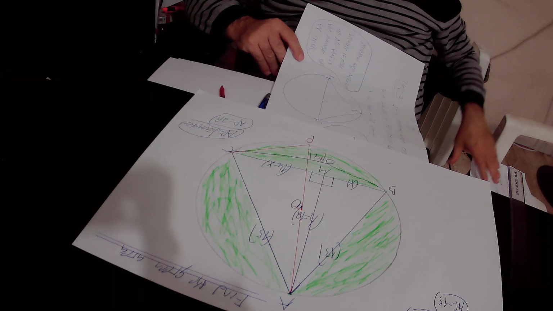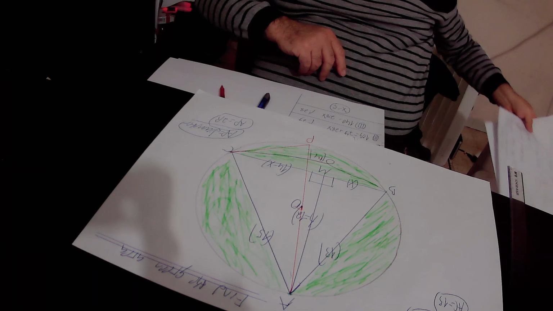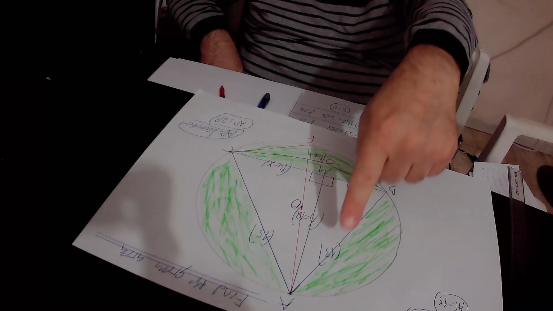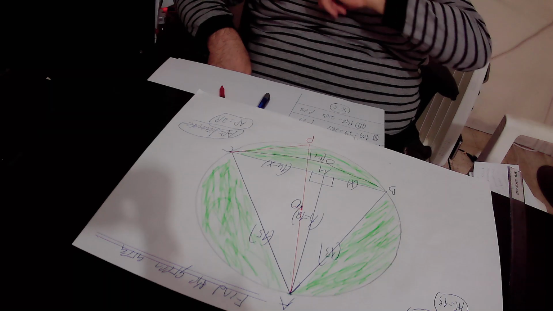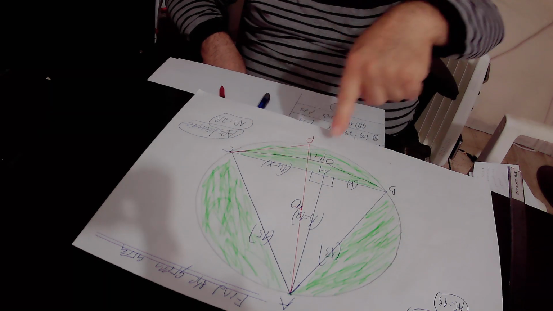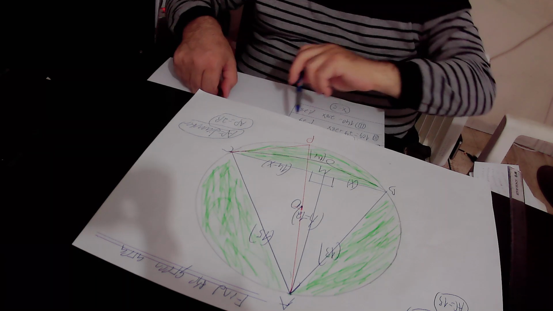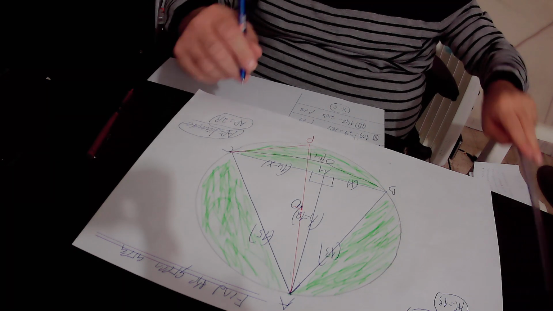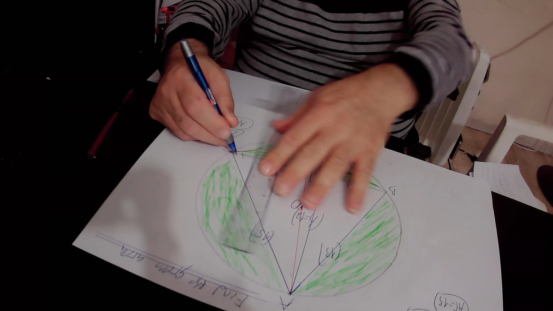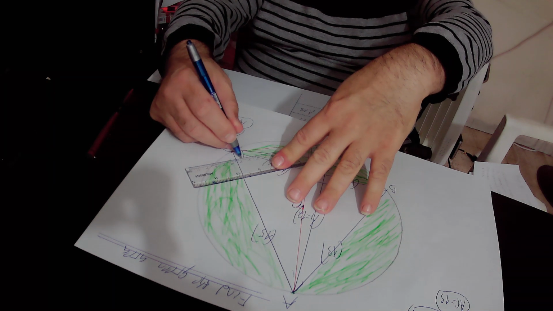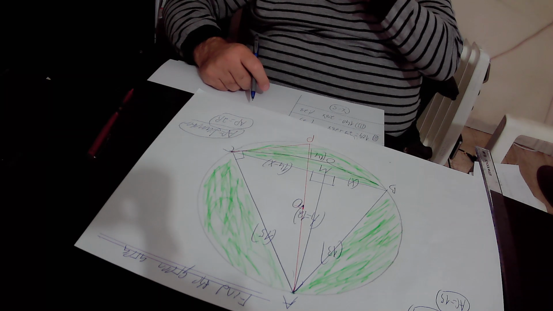We can implement rule number 7 in our drawing. Why? Because in our drawing we have peripheral angle ACP that rests on AP, that is the diameter of the circle. Therefore, peripheral angle ACP, according to rule number 7, must be equal to 90 degrees. So this is peripheral angle ACP, and it is equal to 90 degrees according to rule number 7. Okay.